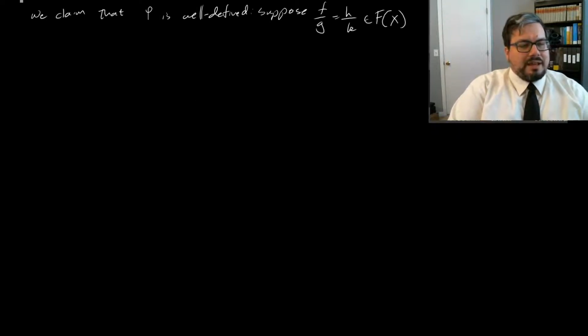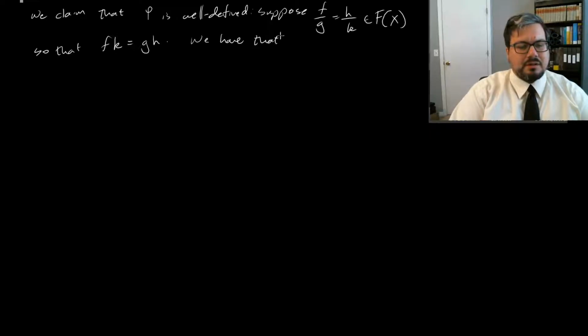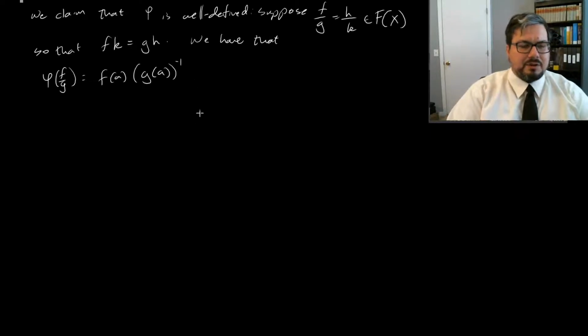And so now we have that fk, the polynomial f times k, is equal to the polynomial g times h. So now we have that phi of f over g is equal to f(a) times g(a) inverse.